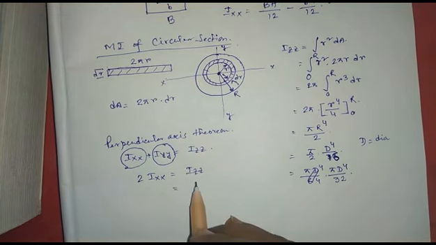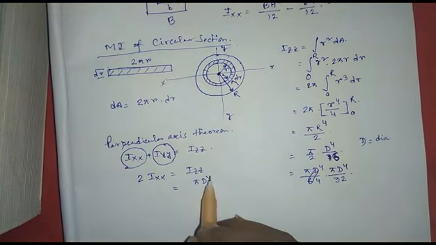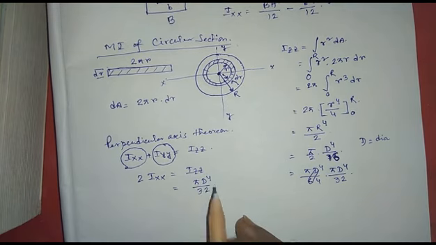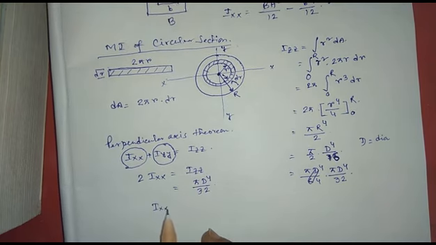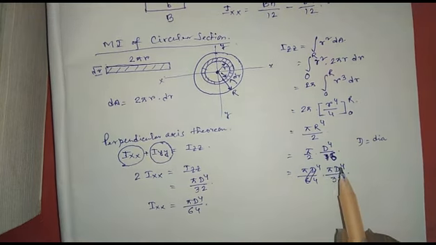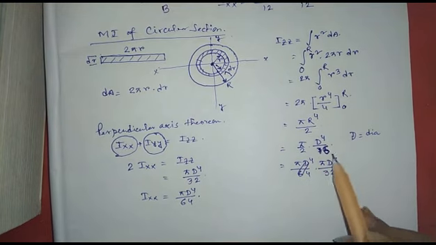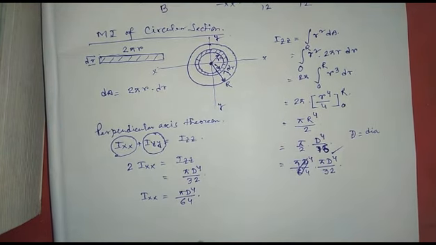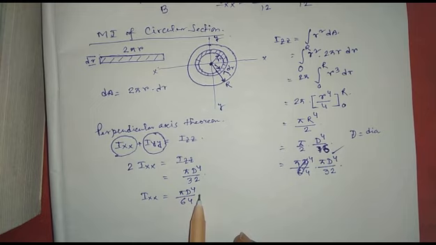So Izz is coming as pi D to the power 4 by 32. So Ix is equal to pi D to the power 4 by 64. Now it's right.